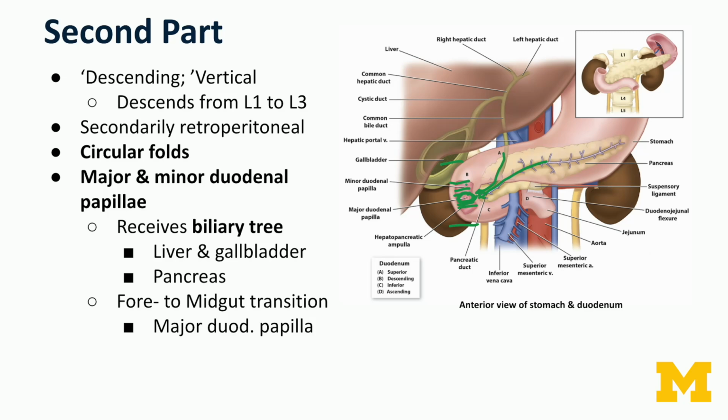And there's also a minor duodenal papilla, which can sometimes host an accessory duct from the pancreas, specifically from the head of the pancreas. So we should emphasize, with this major duodenal papilla comes our transition, everything proximal to which is foregut, everything distal to which, until we get to the hindgut, is midgut.